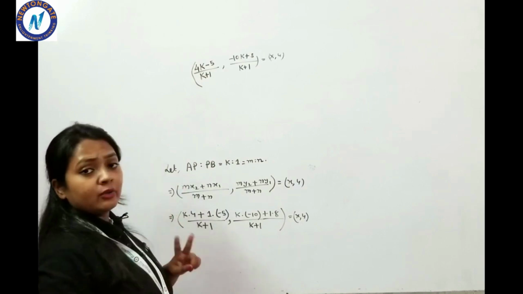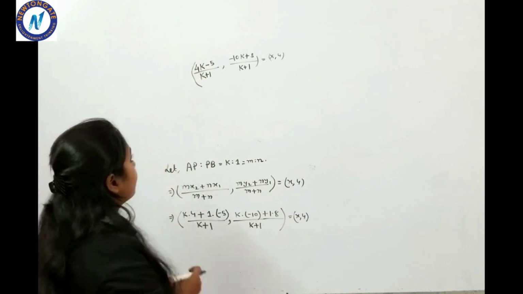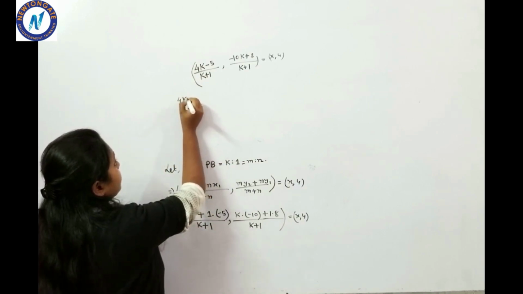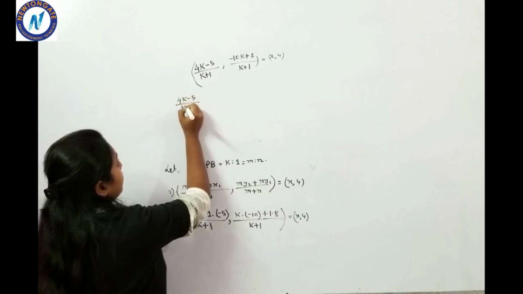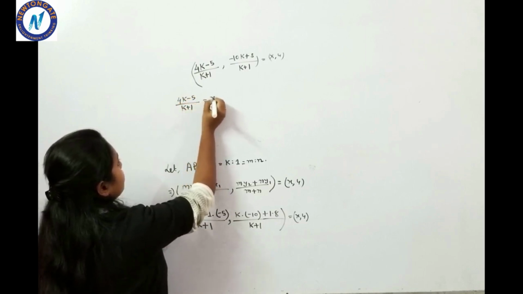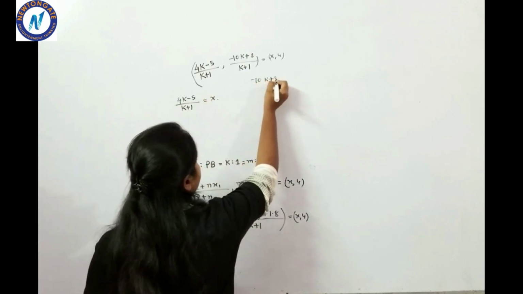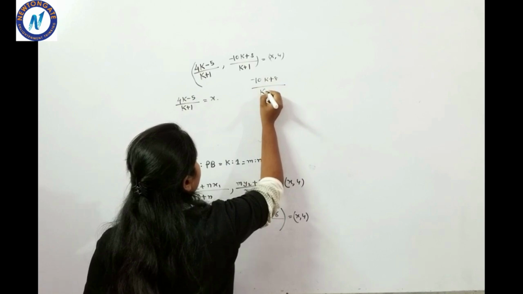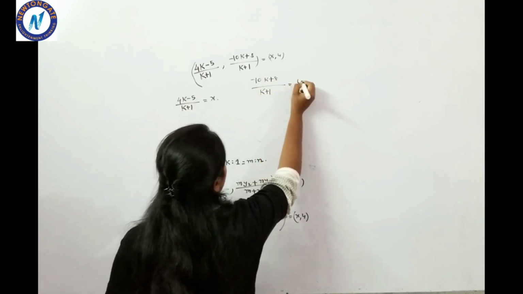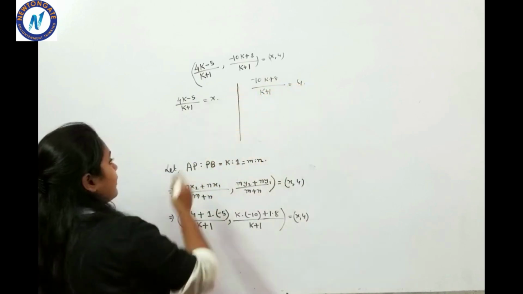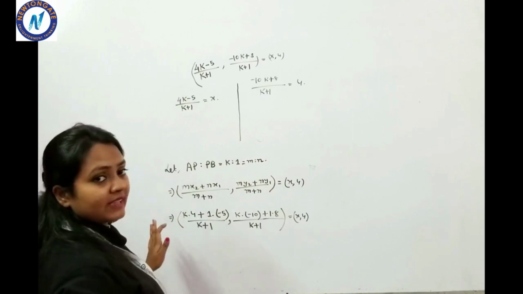Then we will find two equations from there. One is (4k minus 5) divided by (k plus 1) equals x, and (minus 10k plus 8) divided by (k plus 1) equals 4. Now we will solve these two equations and find the value of x and k.